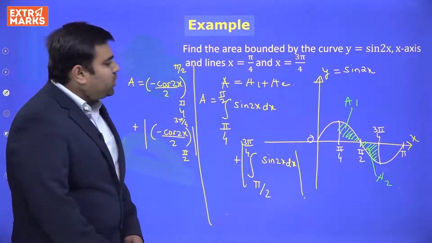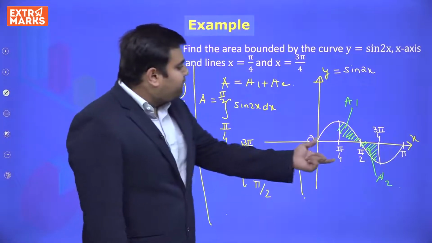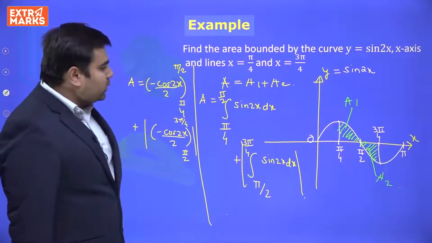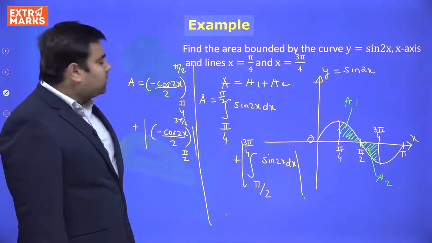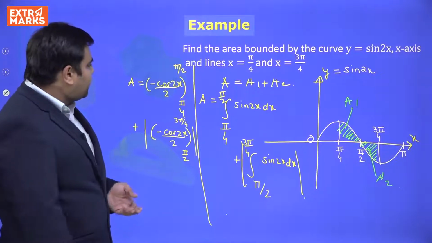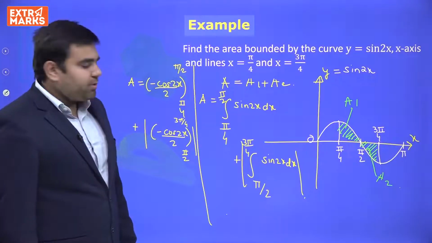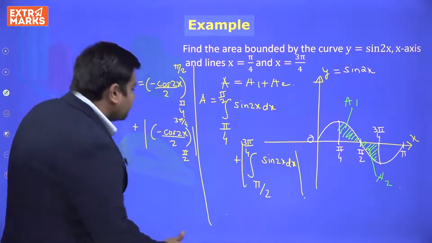Because the area has to be obtained with respect to the x-axis, so this would be the final expression of the area, right?